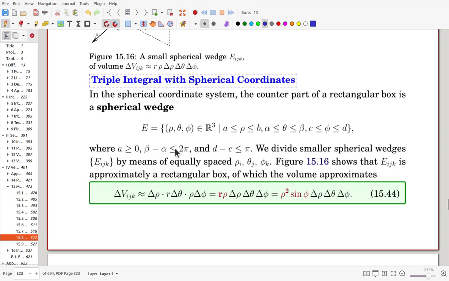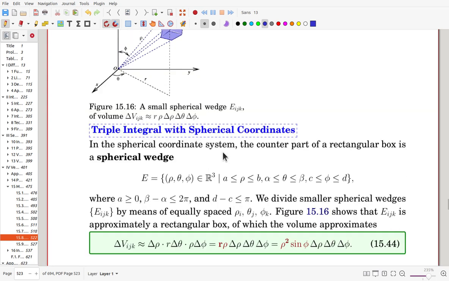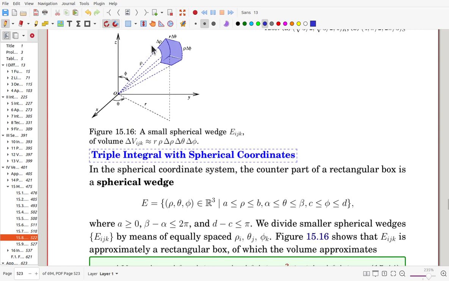In fact, you have to do a little bit better, but eventually we'll reach the same result. So we multiply three lengths: delta rho, r delta theta, and rho delta phi.